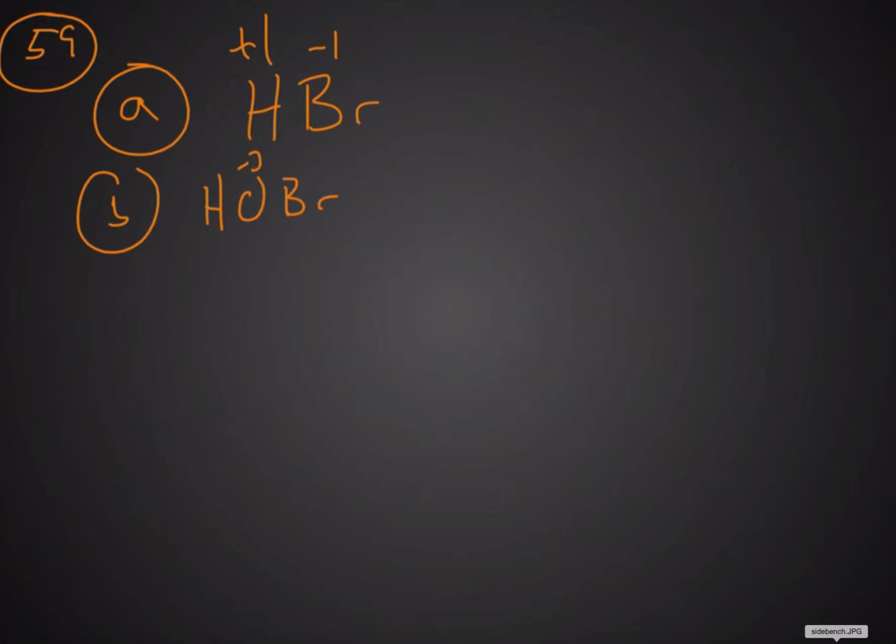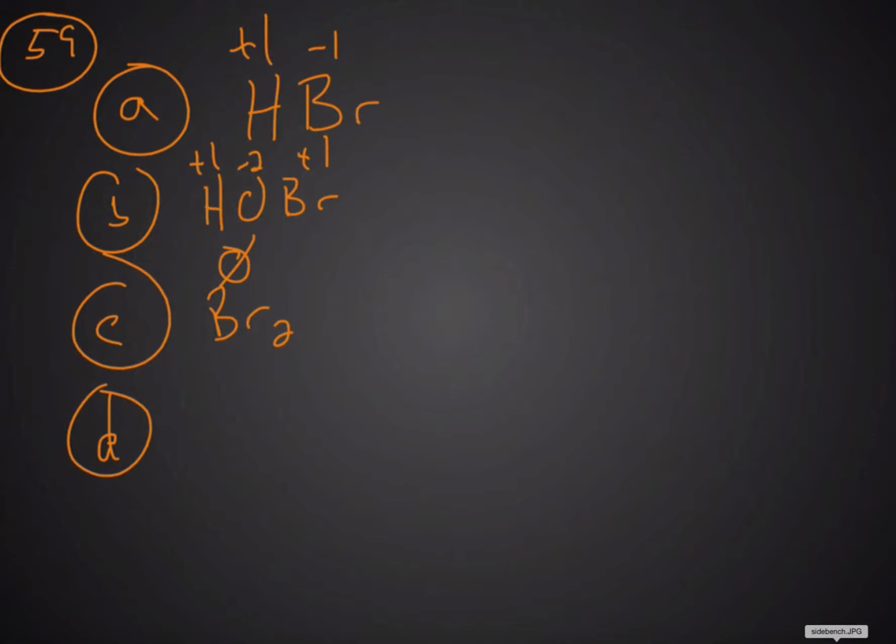For the second one, you've got hydrogen, oxygen, and bromine. Oxygen is -2, hydrogen is +1. That means that bromine here must be +1 in order to balance out the oxygen. Bromine, Br2, any element by itself has an oxidation number of 0. If we have hydrogen, bromine, and oxygen, 4 oxygens gives you a -8.